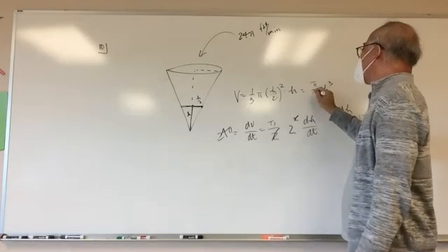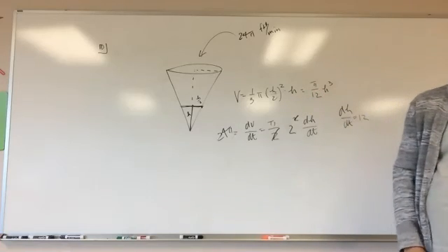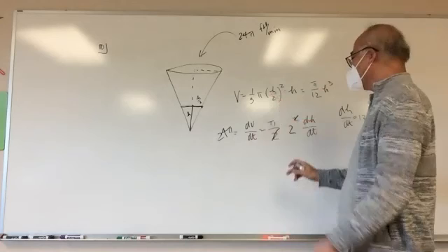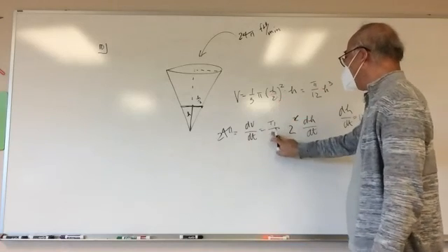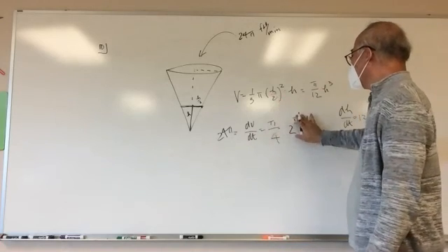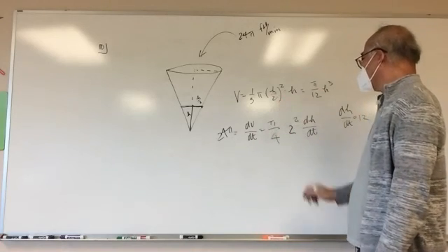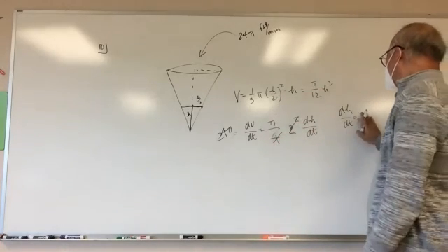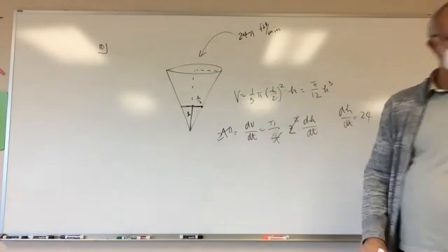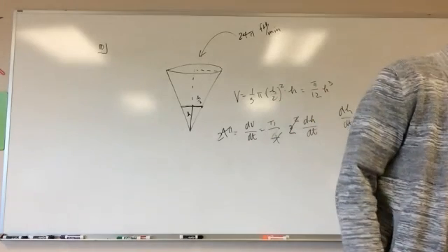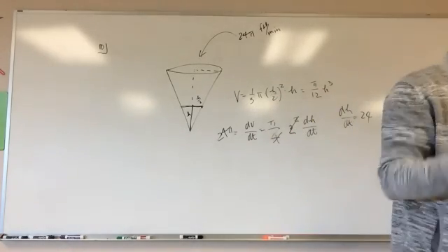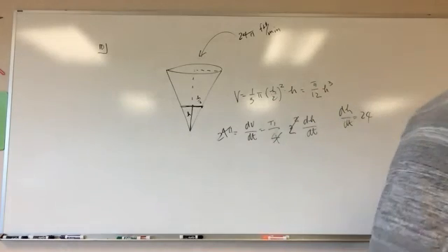This is 12. 4, 2 squared, cancels out. Yeah. 24 is the correct answer? Is that the correct answer? Yeah. Oh, yeah. Good catch, Christina. All right, okay, so we'll stop right here.